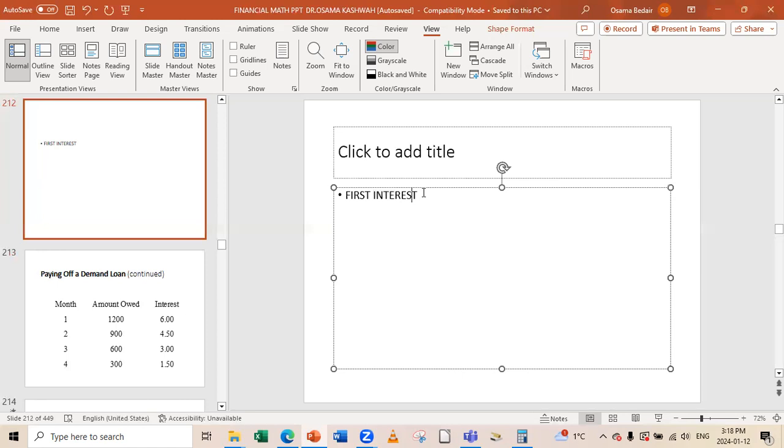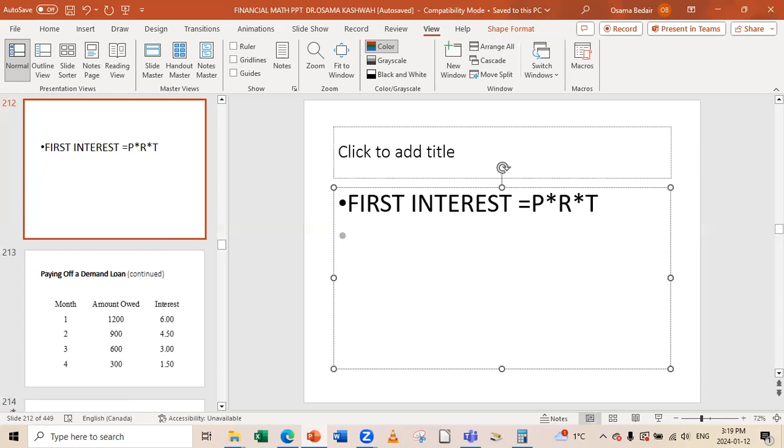The first interest, like you see here, will equal the principal P, times the interest rate, times the time.